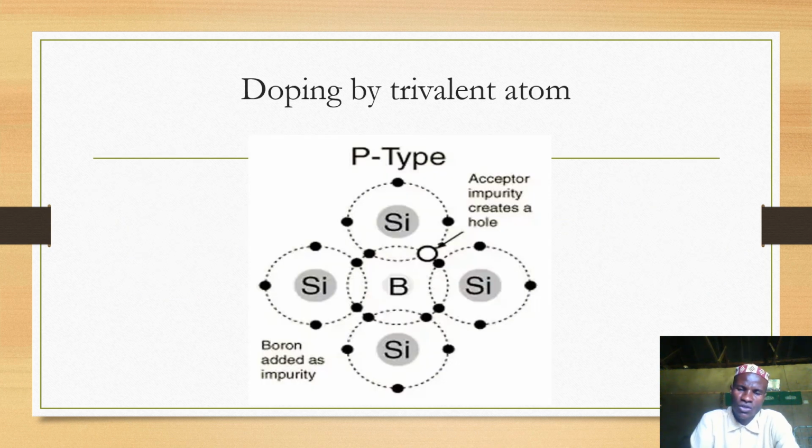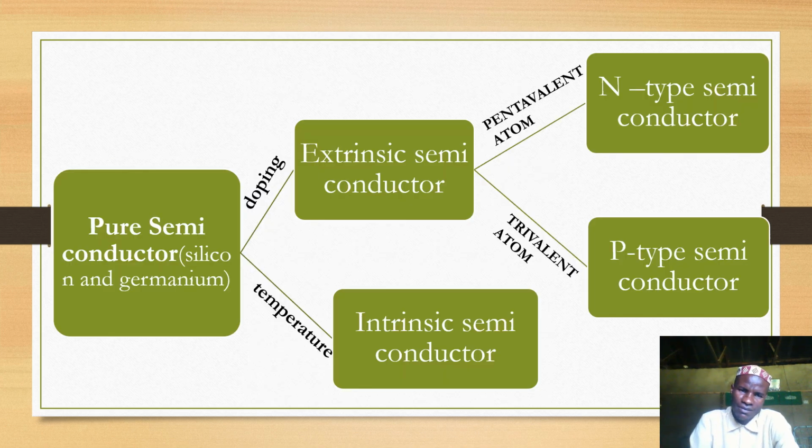As evident on this diagram, silicon has 4 electrons on the outer energy level for bonding, while boron has 3. So the 3 are used for bonding with the 4 of the silicon, and the remaining extra hole is the one which is used for electrical conductivity.